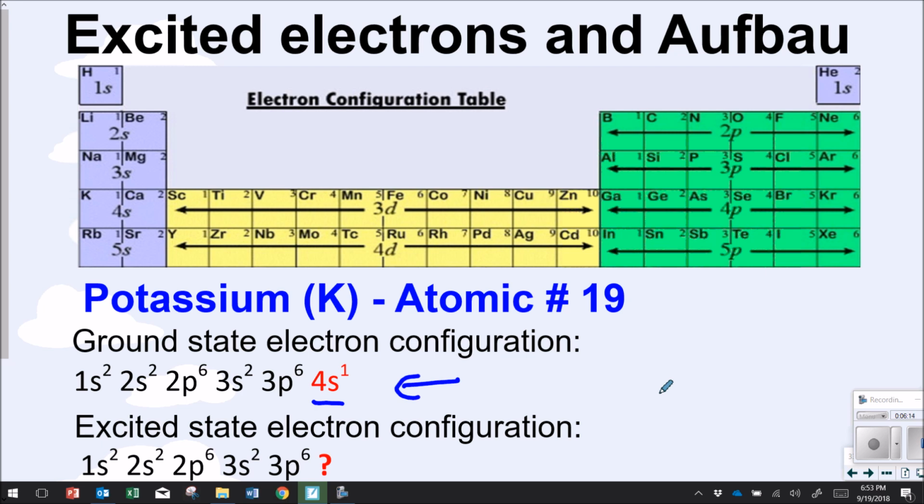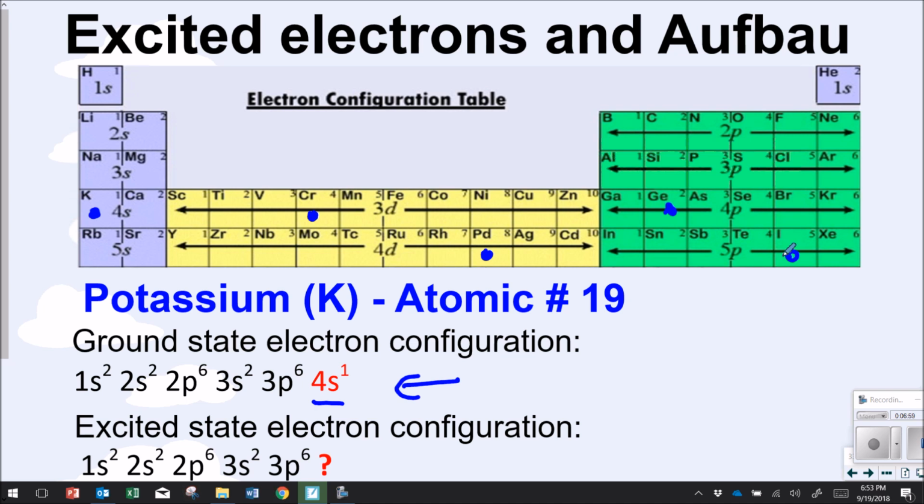So what happens? An electron can jump to a higher energy level, and that could be any level higher than 4s1. So if we look at the periodic table, 4s1 and potassium is over here. So that electron could jump anywhere, somewhere here, somewhere in the 4p, somewhere in the 4d, in the 5p, and so on and so on, as long as it is higher than the 4s1 level on the Aufbau order.